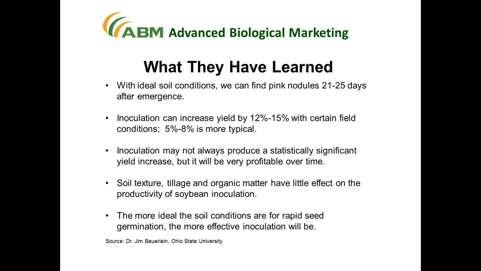Here again, he says inoculation may not always produce a statistically significant yield increase, but it will be very profitable over time. Again, soil texture, tillage, and organic matter have little effect on the productivity of soybean inoculation. And the more ideal the soil conditions for rapid seed germination, the more effective inoculation will be.